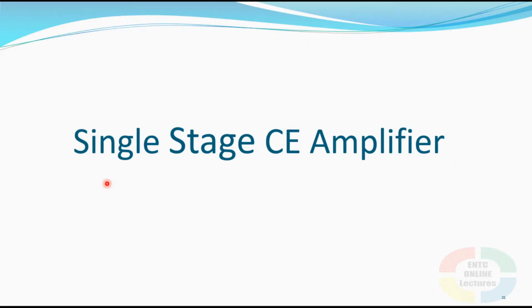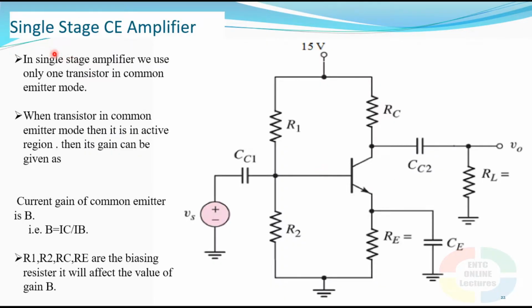Next we will study the single stage amplifier, or common emitter amplifier. In a single stage amplifier, we use only one transistor in common emitter mode. When the transistor is in common emitter mode, it acts in the active region.